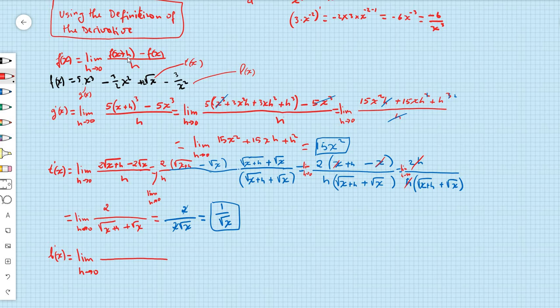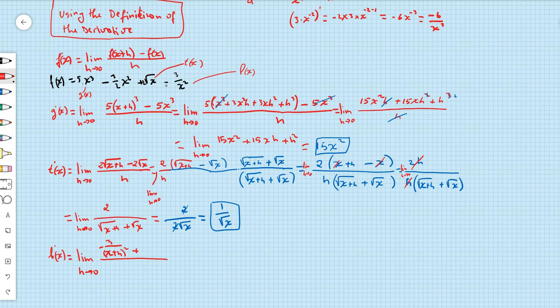So let's go ahead and do that. So we'll have negative 3 over x plus h squared. And then remember, here we have a negative sign, but our term already has a negative sign here. So negative times negative, they cancel out. It'll be positive.